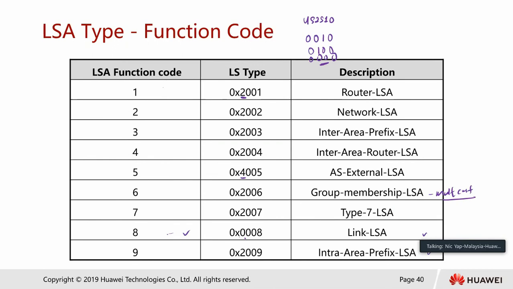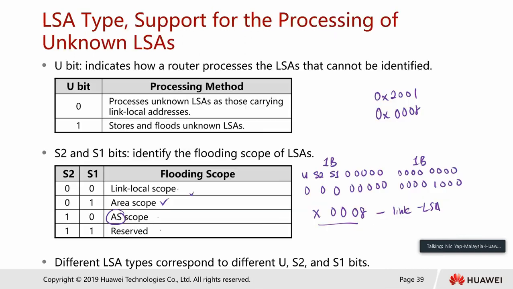So this is where you differentiate where the LSA is going to be sent: into area, AS, or link-local. That's the 3 methods, because the 1, 1 is reserved. This has been reserved, I will not compare it at all.